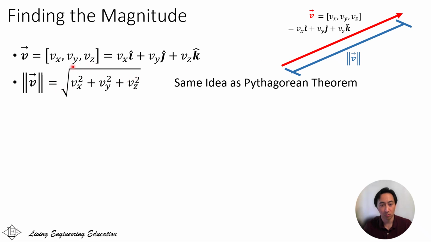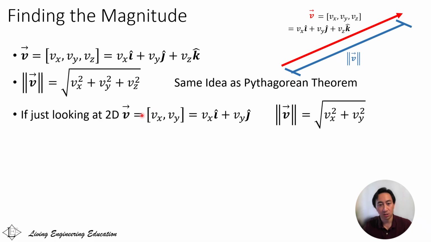So this is just the Pythagorean theorem. It will be easier for us to work in 2D space. So if there is no z component, then this will just be Vx i hat plus Vy j hat. And in this case, the magnitude is just the square root of Vx squared plus Vy squared. It is exactly the Pythagorean theorem.